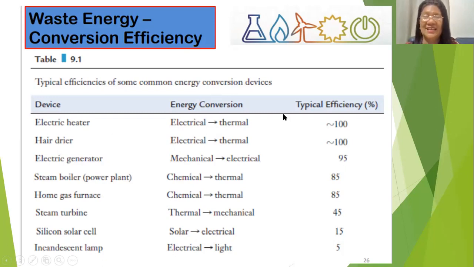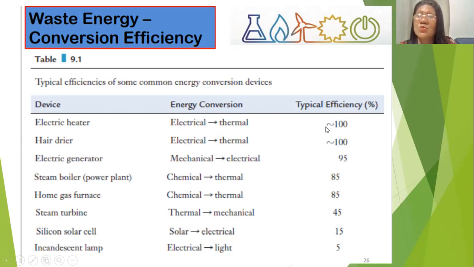When you touch it, it is hot. This is its percentage efficiency. Then the hair dryer is less than 100% efficient, or almost there, almost 100% efficient.